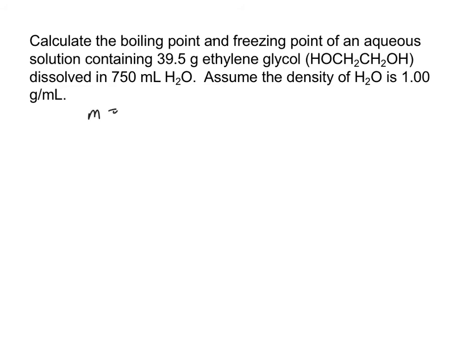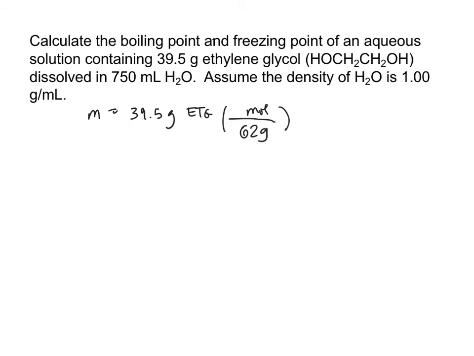So m will be equal to 39.5 grams. I'm just going to say ethylene glycol, ETG, rather than writing that out. But you've got to go through to get the molar mass: there's 2 times the mass of carbon plus 6 times the mass of hydrogen plus 2 times the mass of oxygen. When you do that, or you could just Google it, it'll be 62 grams per mole of ethylene glycol.